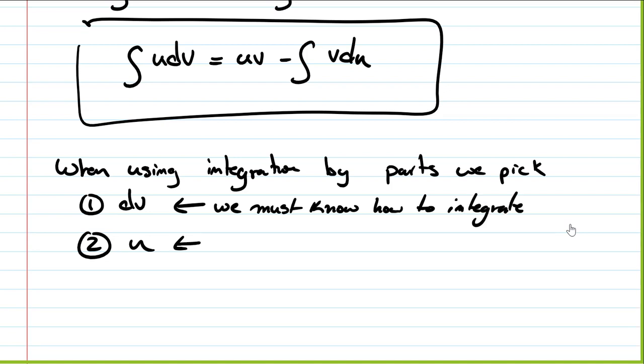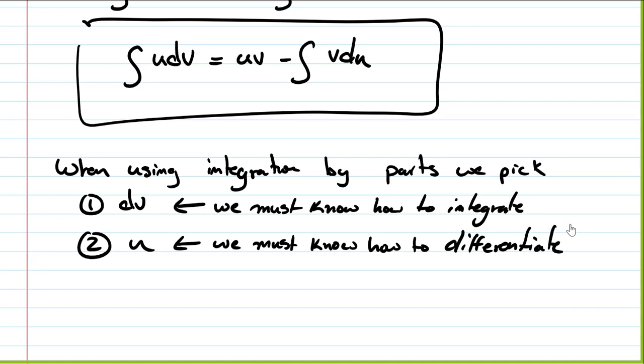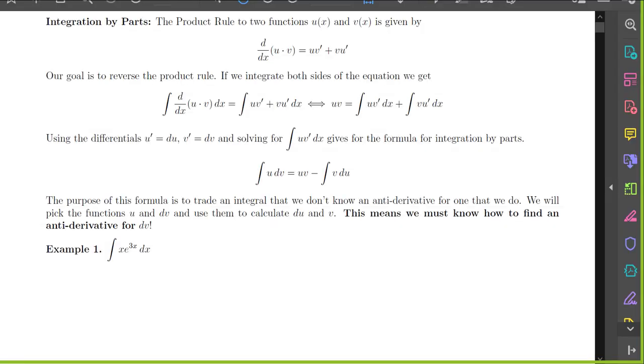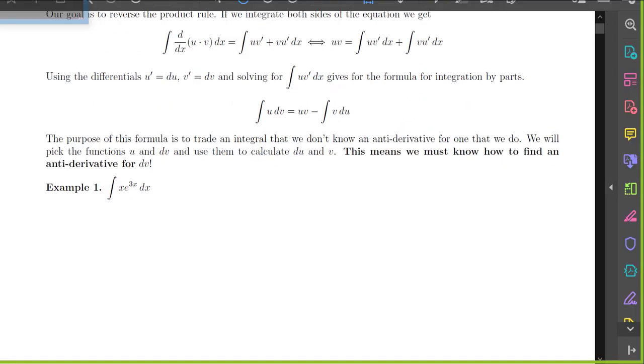And u, we must know how to differentiate. So we're going to be picking each of these and then using our formula above. So we pick u and we pick dv, and then we're going to put all of them into our formula and calculate.